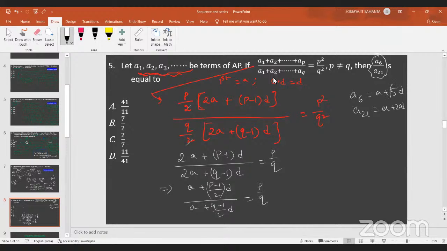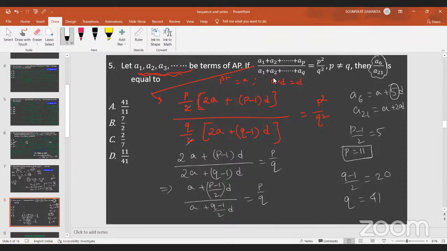That means the value of (P minus 1) by 2 should be 5. Yes or no? Yes, sir. So P will become 11. Now what about the denominator? Denominator is A21. That means the value of (Q minus 1) by 2 will become 20. So what is Q? Q is 41.